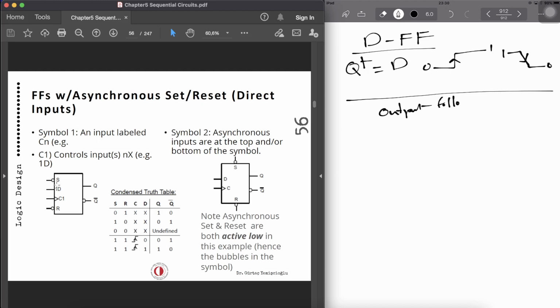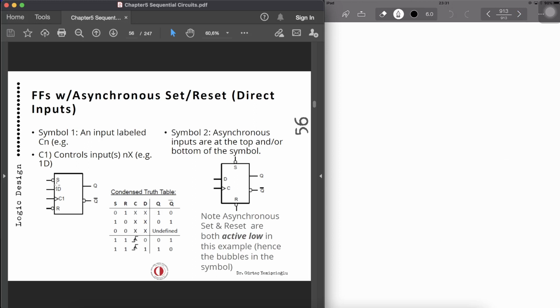And the symbol that we need to know is D, clock, Q, and Q bar. Now, as we have gained this knowledge, let's use this D-type flip-flop and start doing some sequential circuit analysis, in order to check if we are given a circuit, can we analyze it?